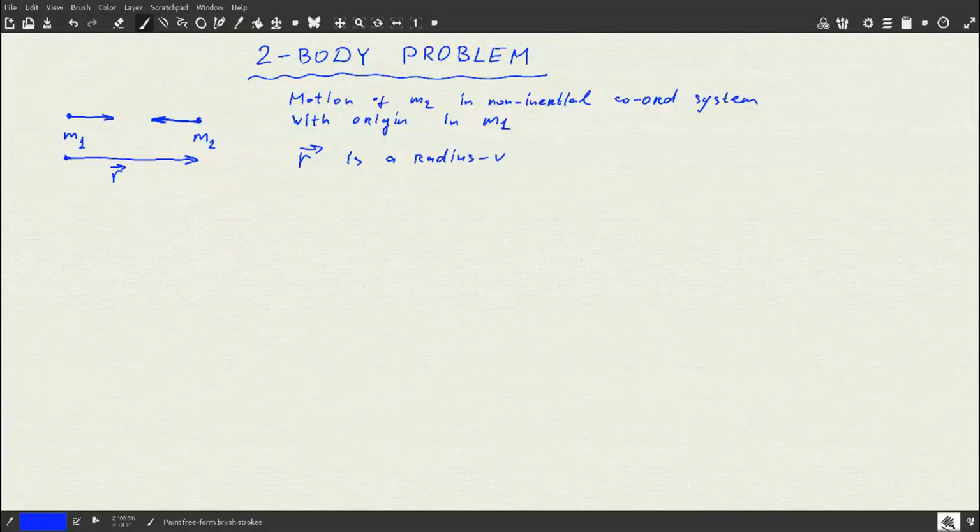Simply speaking, it is a vector connecting m2 and m1, beginning at m1 and ending in m2.